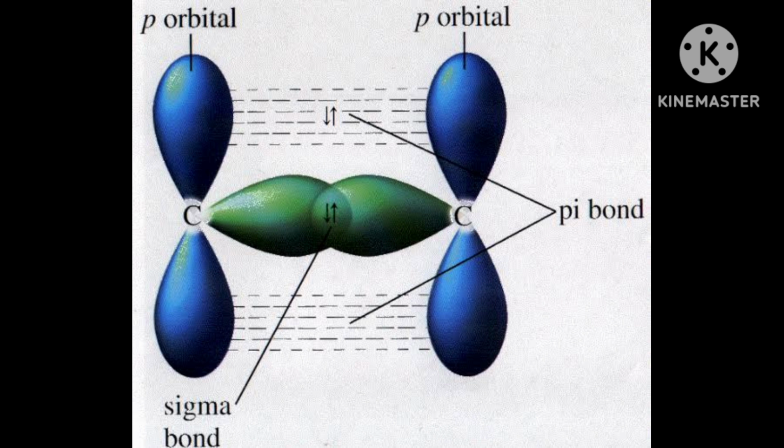Toluene means one CH3 group is attached to benzene. That also it can form. Now I have told you about aromatization, in which I used normal hexane.